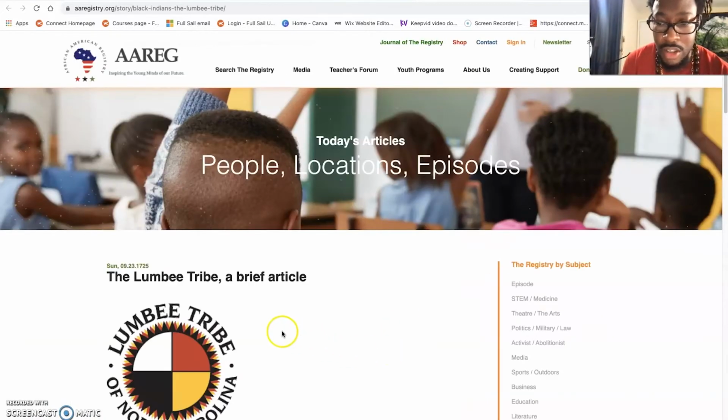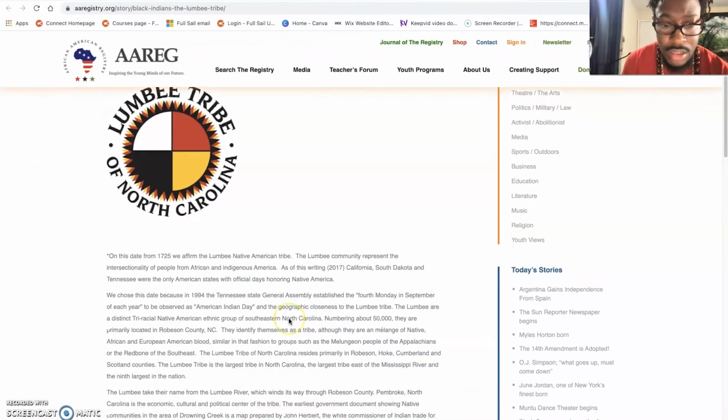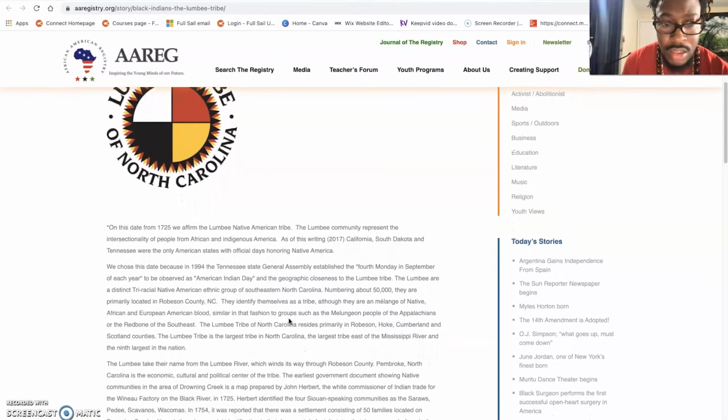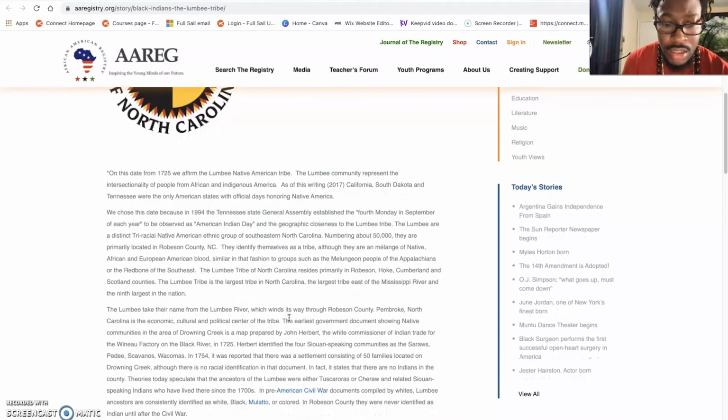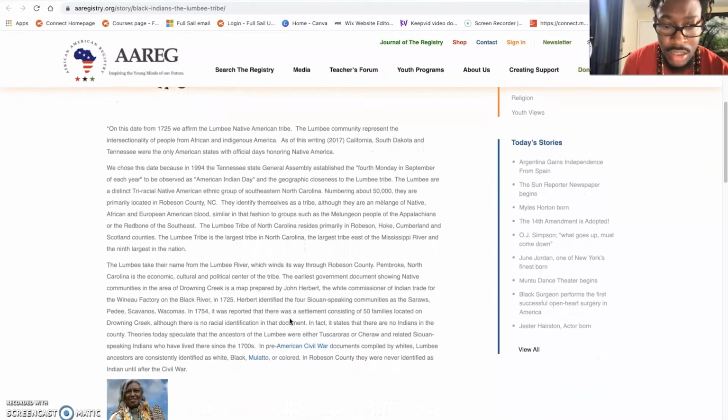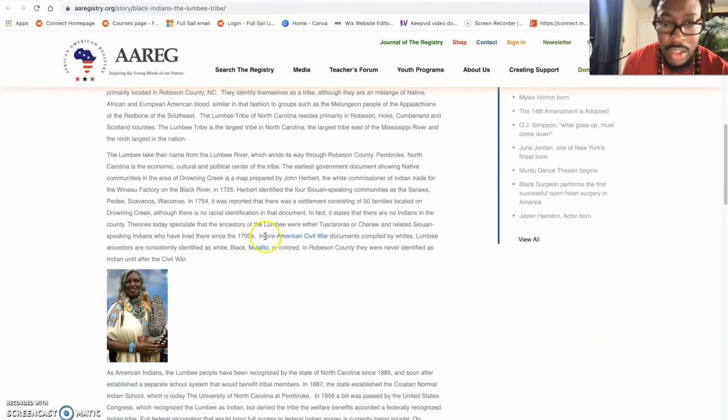This is a Native American tribe. So we say in pre-American Civil War documents compiled by whites, Lumbee ancestors are consistently identified as white, black, mulatto, or colored. In Robeson County, they were never identified as Indian until after the Civil War. Why was that? Because they had black people in there, they had mulattoes in there.